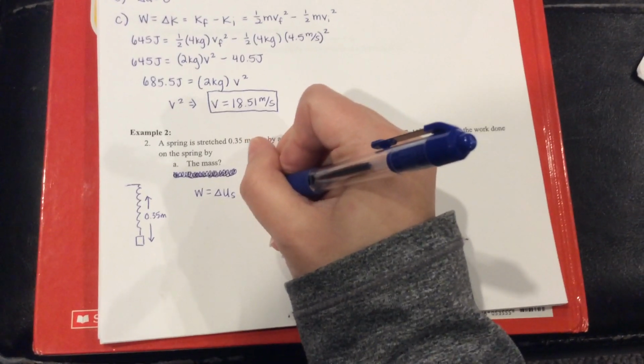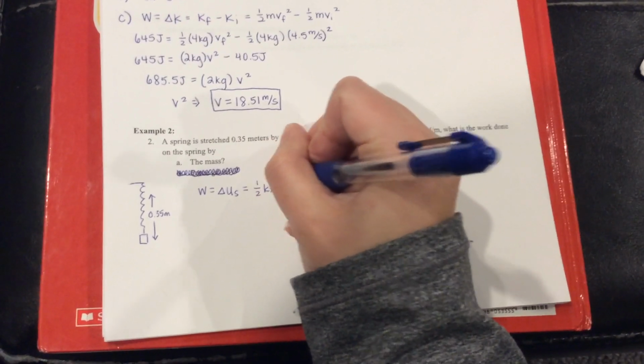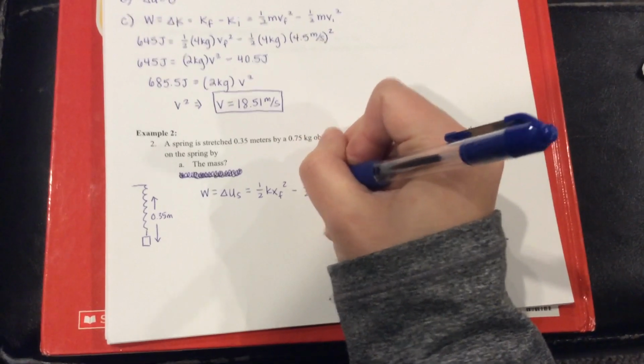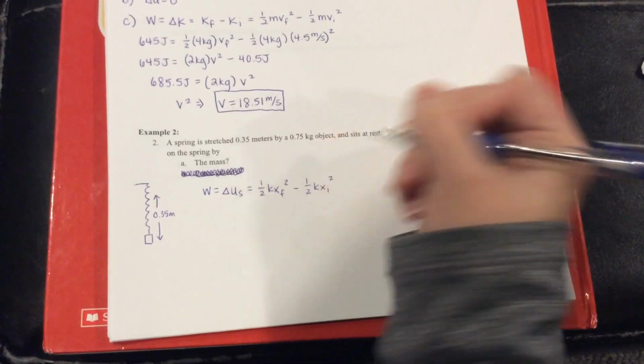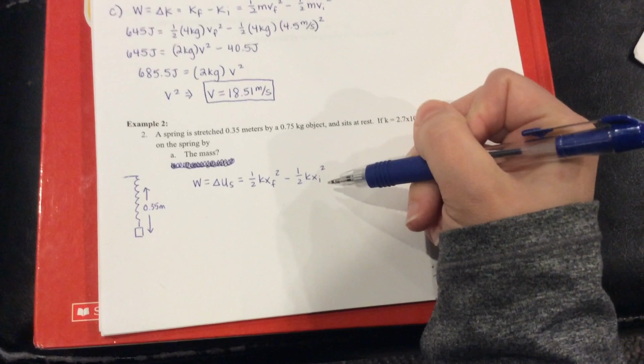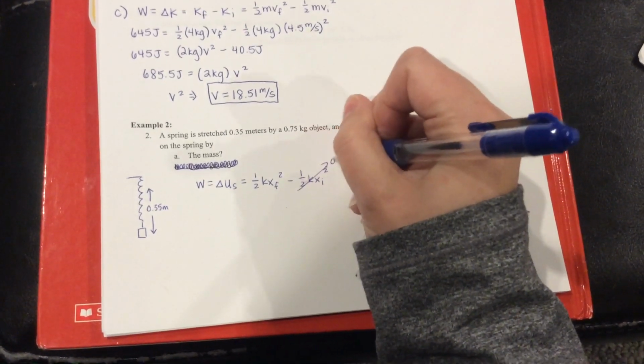equal to 1/2 k x final squared minus 1/2 k x initial squared, where x initial is equilibrium, so that's actually going to go to 0.